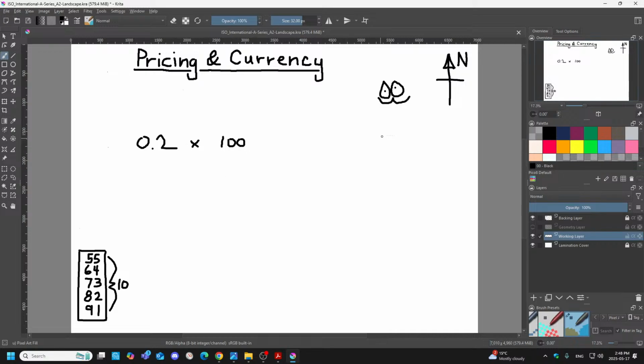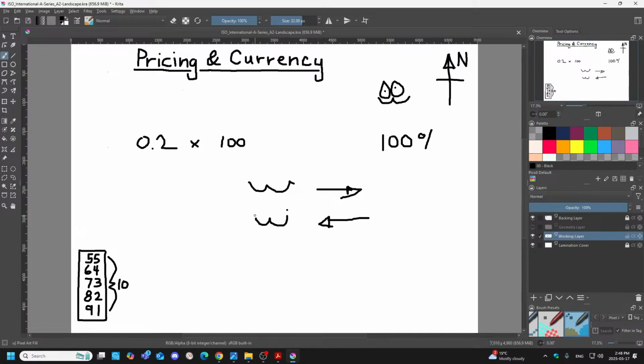So, 100%. Okay, guys? Whenever you have two zeros, just set it in your mind. That's 2 jumps with the decimal place. When you're multiplying, you're going to the right. When you're dividing, you're going to the left with the jumps.